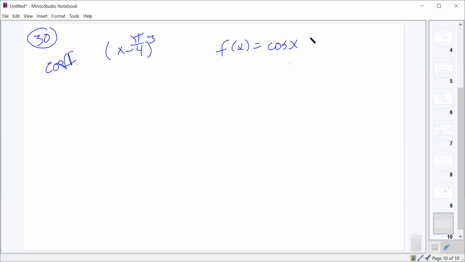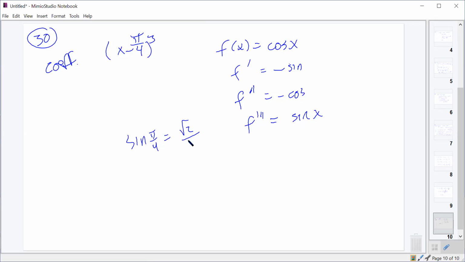If we just think about this, the term to the third should be from our third derivative of cosine. So the first derivative of cosine is negative sine, second derivative should be negative cosine, and the third derivative should be positive sine. So we're looking at a positive sine of pi over 4, which is root 2 over 2.